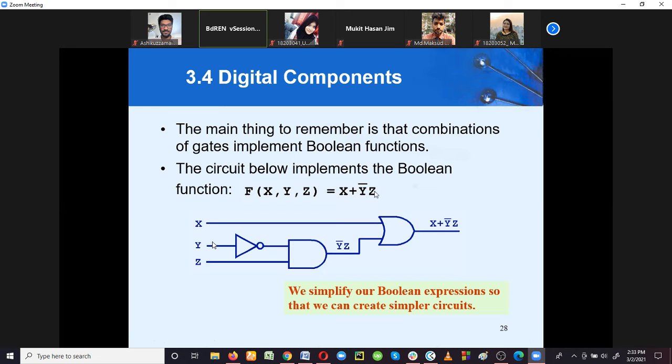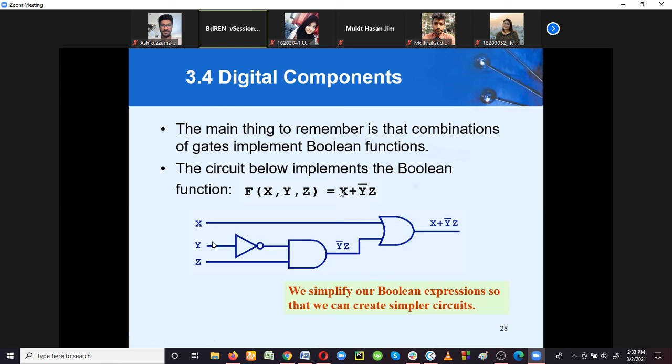Observe what the main logic gate is here. This middle one is the plus sign, and for the plus sign the related logic gate is the OR gate. So at first we draw the OR gate.